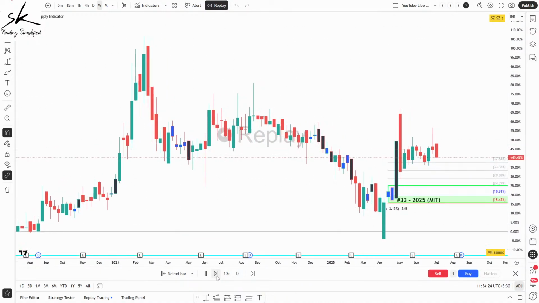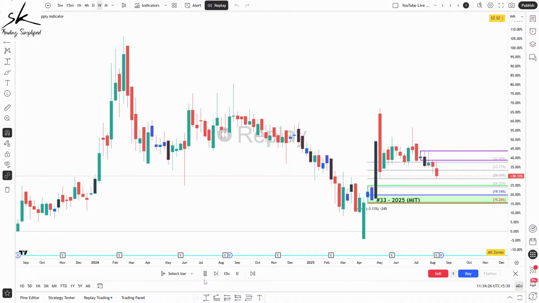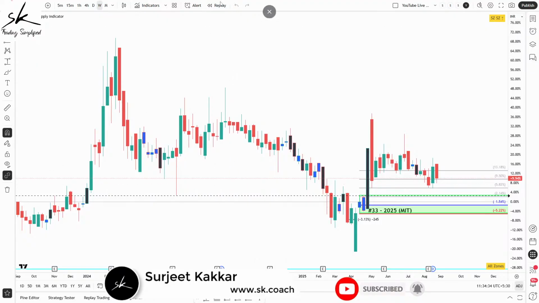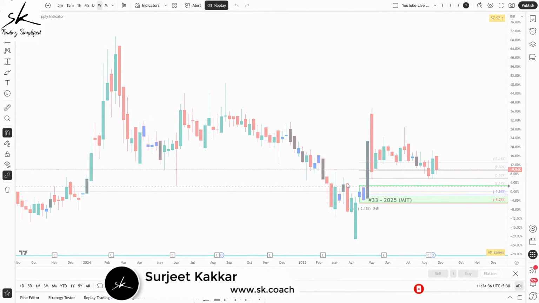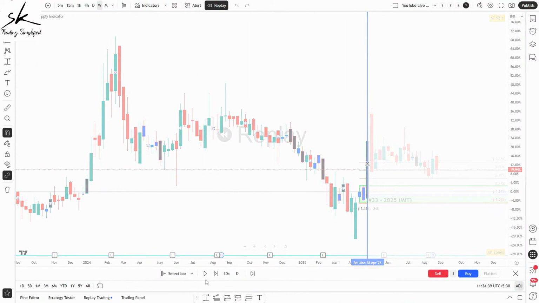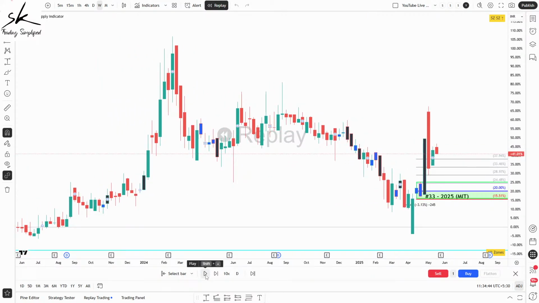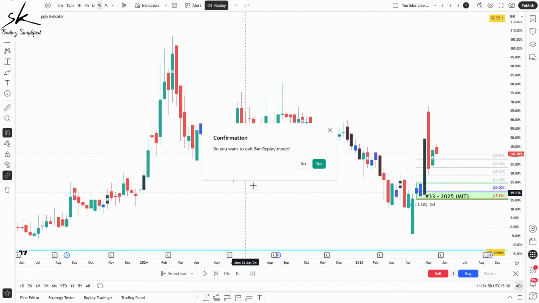So what I'll do is I'll probably again go for a replay from here. And this time I'll do it manually. So you can see, when we started moving up from here, we had this 1 supply which was violated, then we have another supply which was violated, and that is why the trend got converted into an uptrend, because we have 2 supply violations.